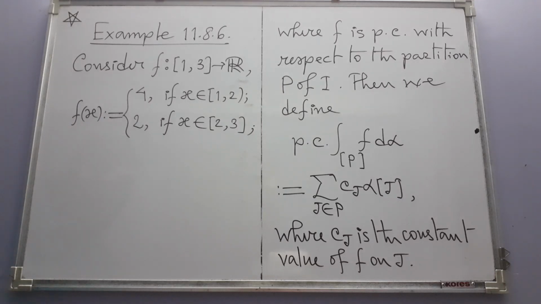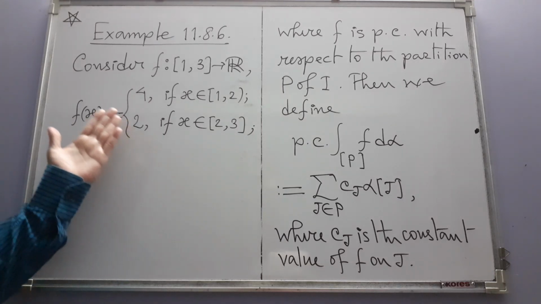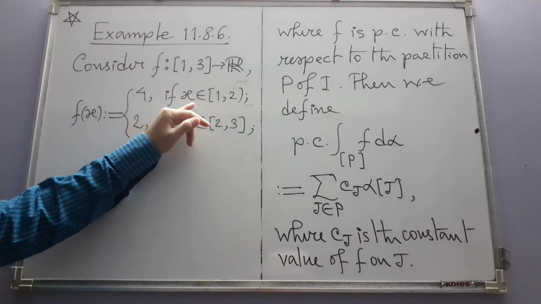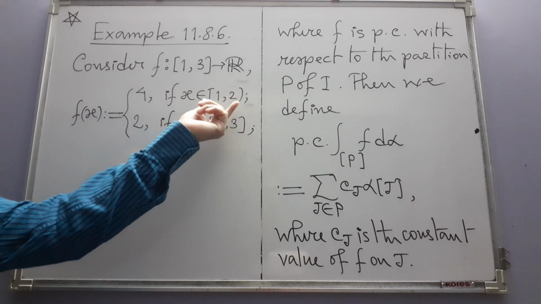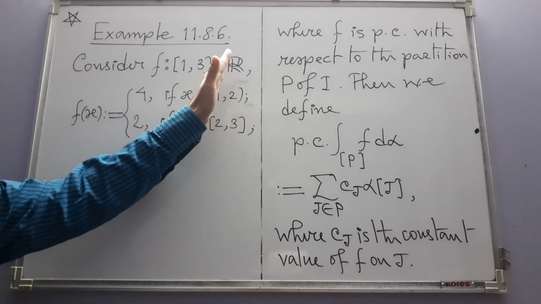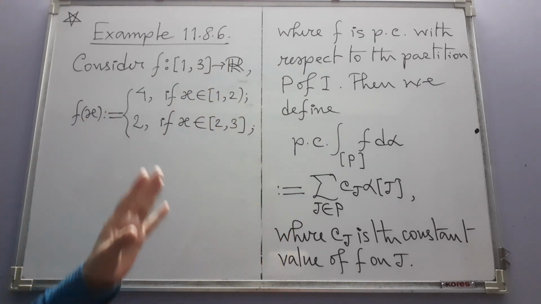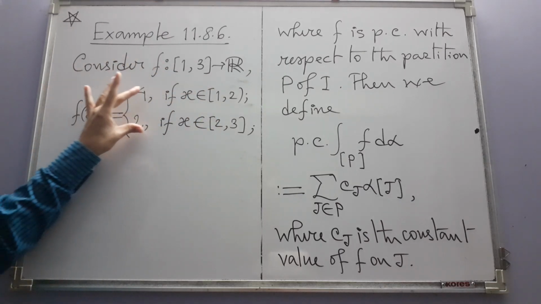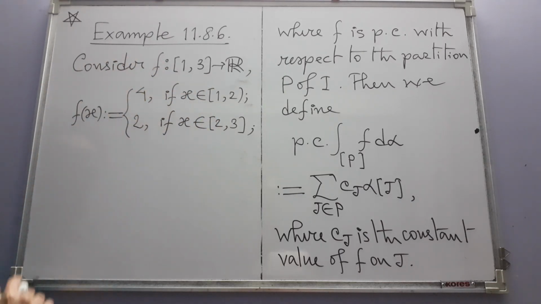Okay, so this is our f. You can clearly see that f is piecewise constant on this interval with the partition consisting of these two intervals. Actually, there are other partitions also. You can subdivide this one into two parts, but at least one partition is there of this interval with respect to which f is piecewise constant.